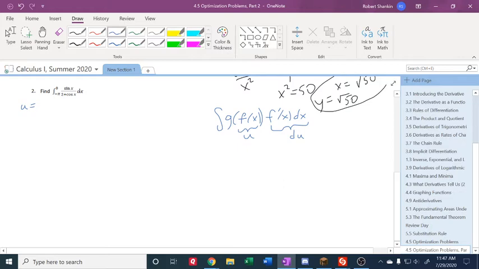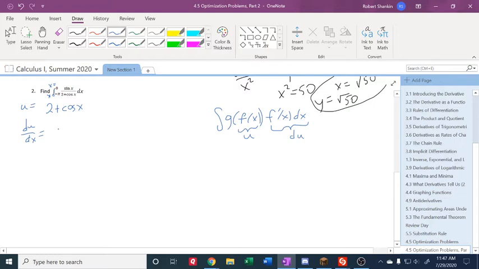None of that would work. So I'm also going to insert the limits, x equals negative pi to x equals 0. So we're going to go with u being 2 plus cosine x.